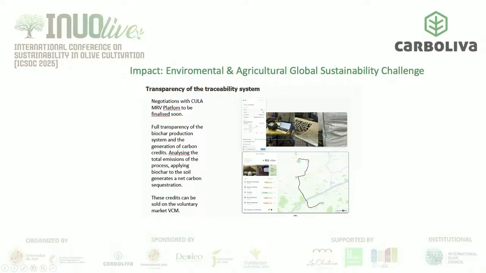sequestration, because with the organic carbon content, we can take a sequestration of 2.5 in the case of the olive pulp, and around 3 in the olive pits, CO2 per ton. We got the certification with EBC and CSI, and each certification has a different way to do the calculations for the carbon permanence.